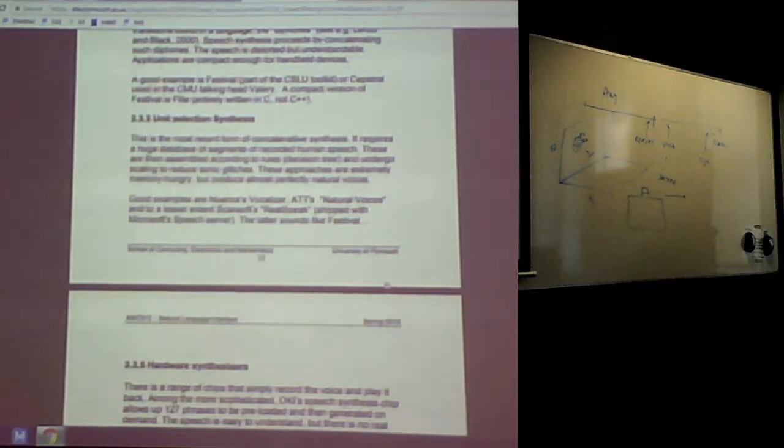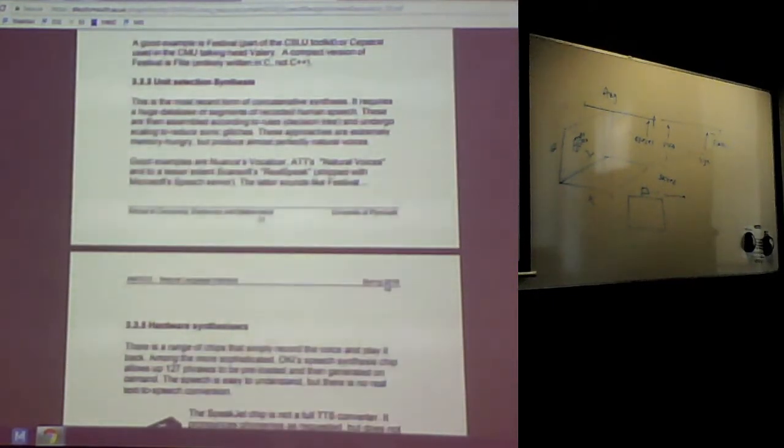They use lots of memory because they have lots of pre-recorded speech sounds. And the latest deep speech generation systems, in my opinion, don't sound that different from those actually. They claim it's human, blah, blah, blah.